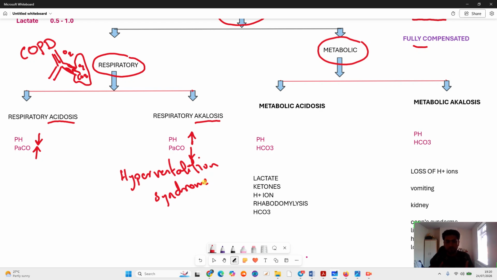The patient breathes quickly, so he inspires and expires quickly. In that condition, more carbon dioxide goes out of the body, the carbon dioxide level goes down and the pH level goes up. So alkalosis will happen.